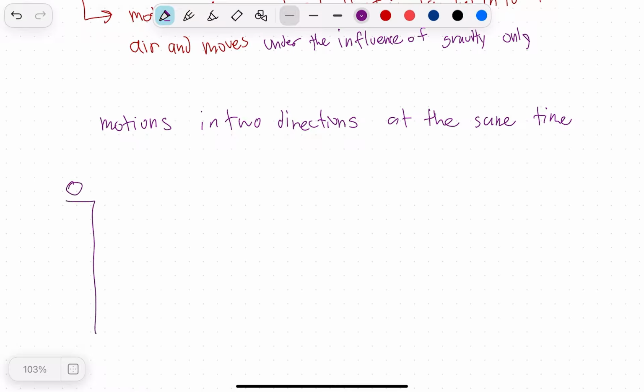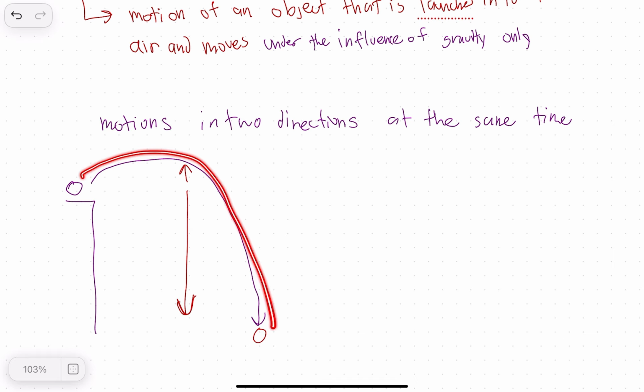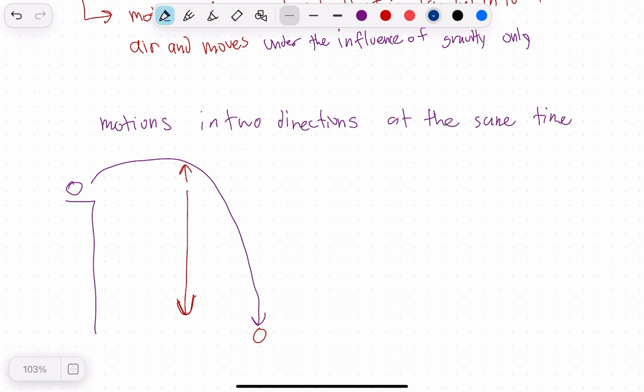If this goes up like this and down, there are two directions happening at the same time. One is vertical, which is downwards, and depending on how high or how low it was, there is also some upward motion in the beginning. However, since you're also throwing it forward, there's also going to be a horizontal axis as well.